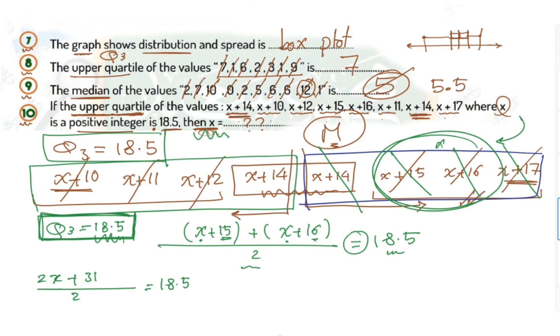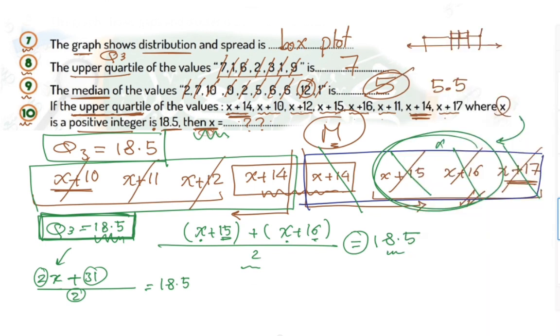First, I have an add and divide. First, I will get rid of this 2 and 31 and this 2. I just need this x.